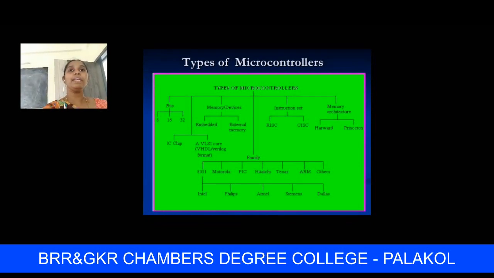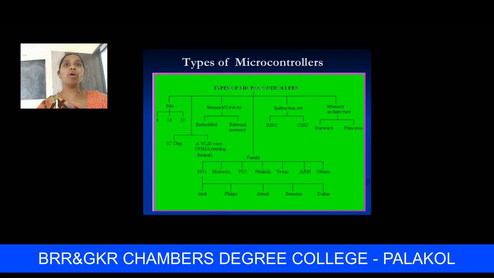Mainly those 4 types are based on bits, based on memory devices, based on instruction set, and based on memory architecture. First of all, we will discuss based on bits. Here, based on bits, microcontrollers are classified into 3 types: 8-bit microcontrollers, 16-bit microcontrollers and 32-bit microcontrollers.